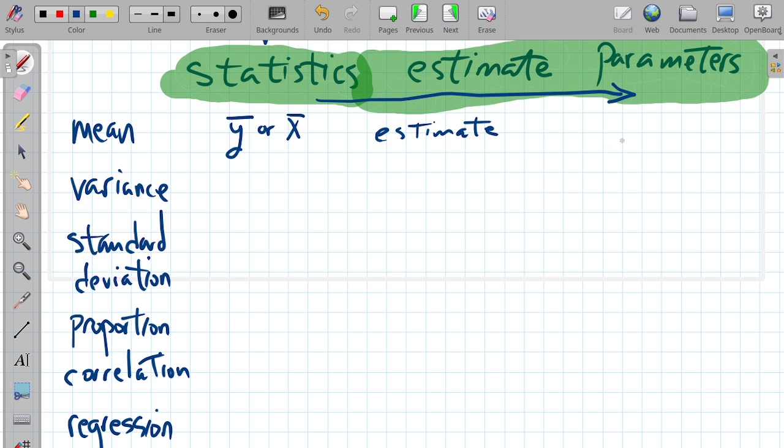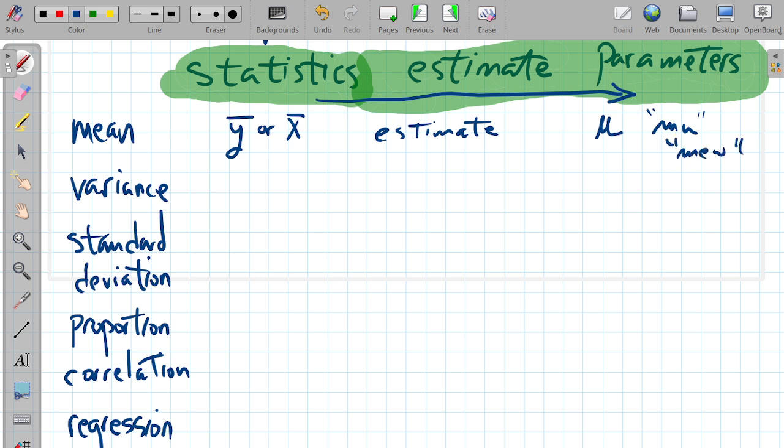Okay, so what is this? Our statistic Y bar provides an estimate of the Greek letter mu. So that's a stylized U. Some people write it as a stylized M. I'm not entirely sure where the truth lies on that. But the pronunciation is mu, or moo. Do it any way you want.